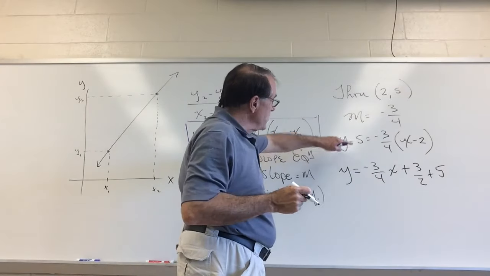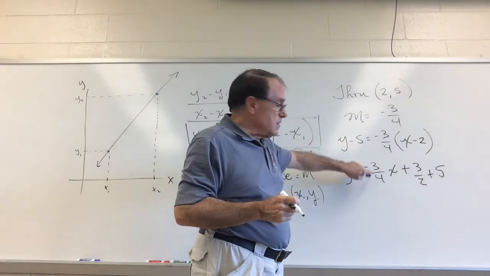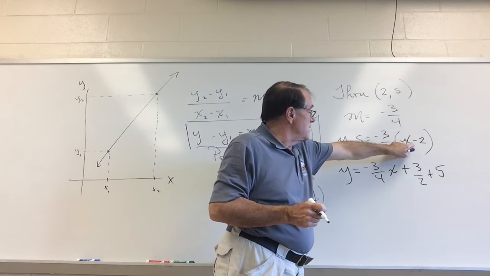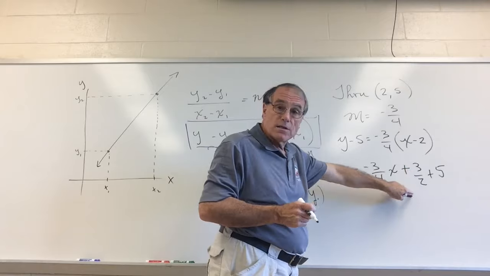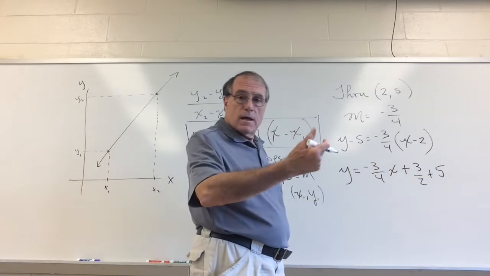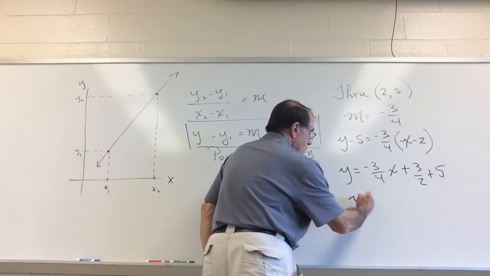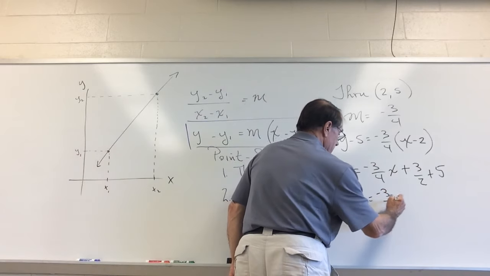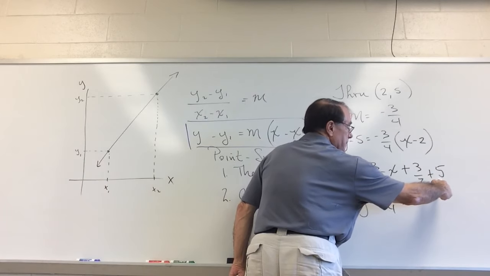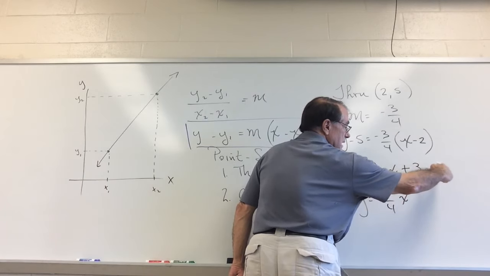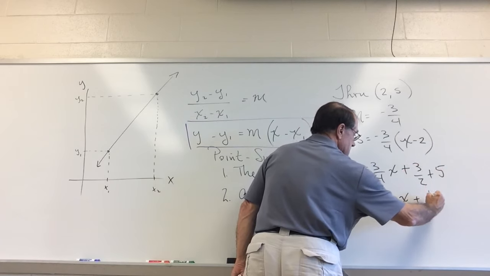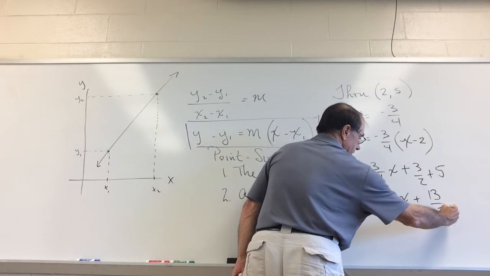Because again, I distributed negative 3/4, so I have negative 3/4 x, positive 6/4, which is positive 3/2, adding the 5. Combining like terms, y then is negative 3/4 x, common denominator of 2 here, so this would be 5/1, 10/2, 3/2, positive 13/2.